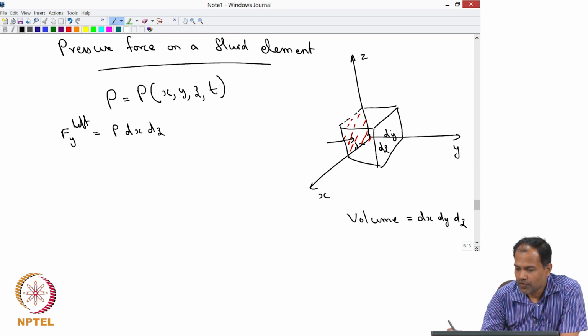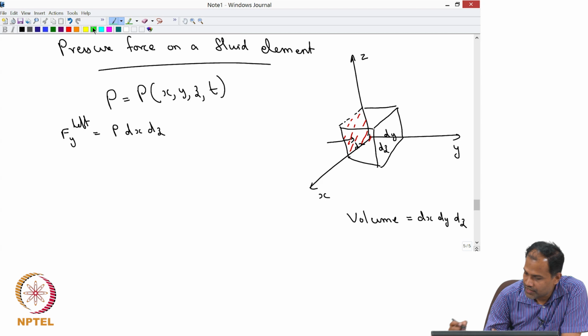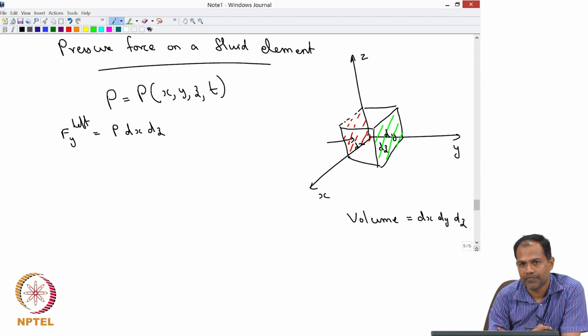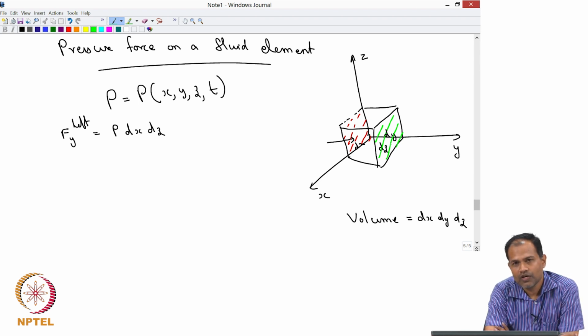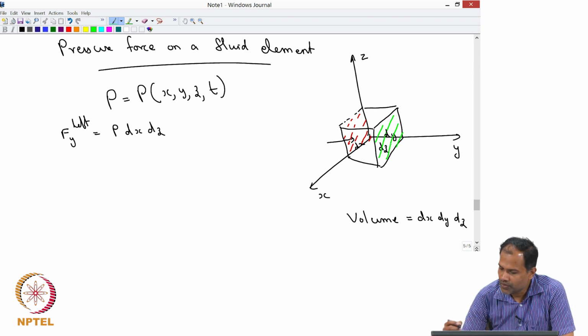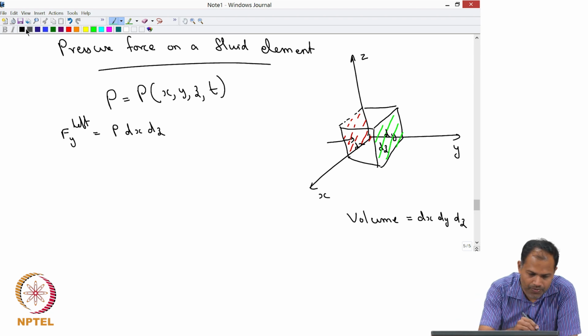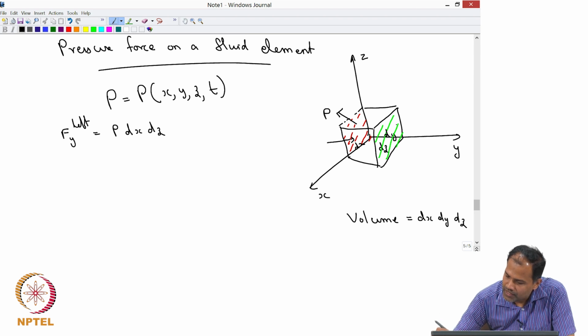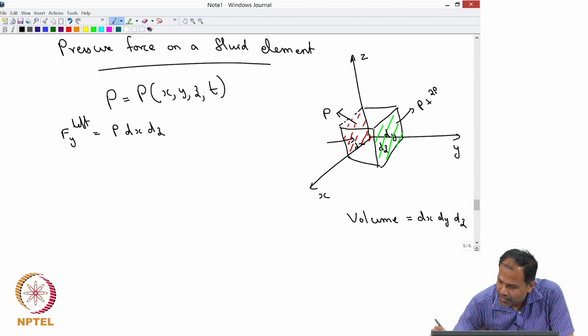Similarly, you can calculate the force on the other side, exactly opposite the red side that I have marked. Now, we do not know the pressure there, but we can do a Taylor expansion and write down the pressure there. If the pressure here is given by P, then the pressure there can be written as P plus dou P by dou y into dy.